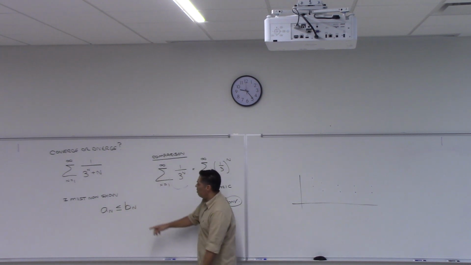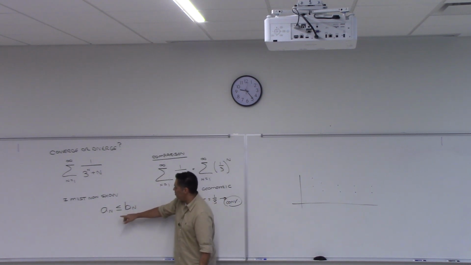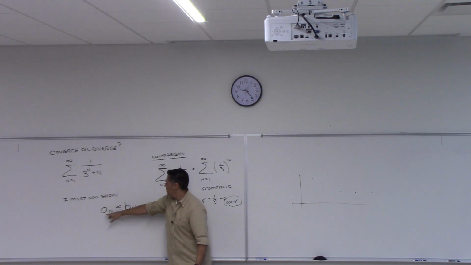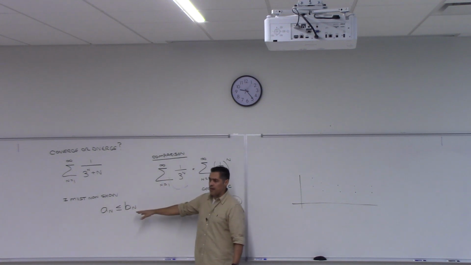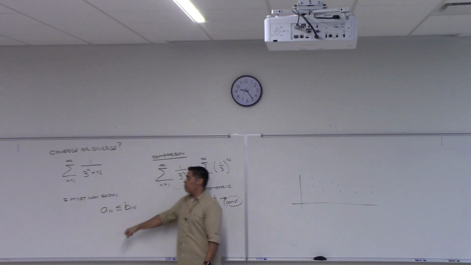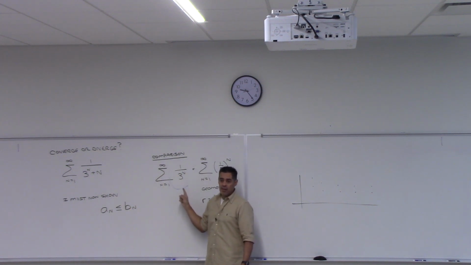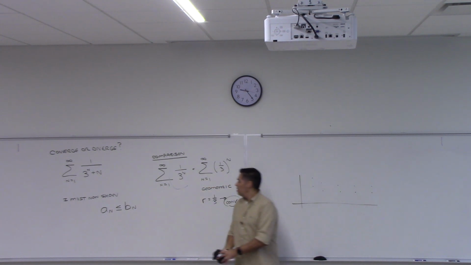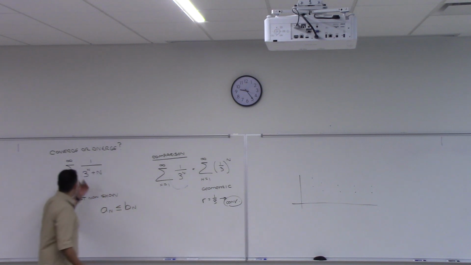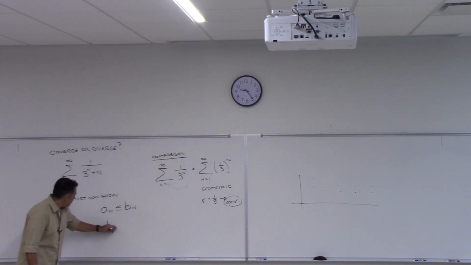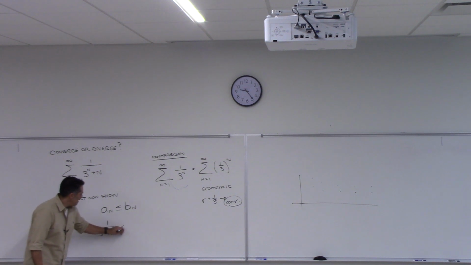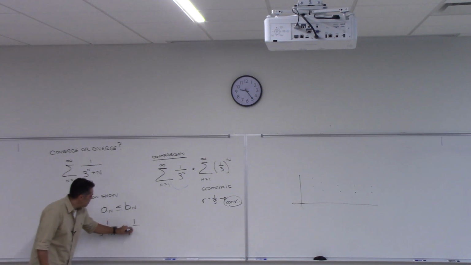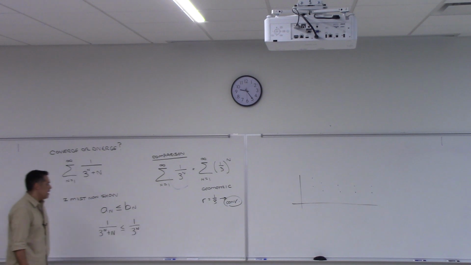I must now show that that sequence is smaller than this sequence, so that if you add those up, it should be smaller than adding up those. And I already know this adds up to be a number. So that must add up to be a number. So I must show this. That means I must show what? I must show that 1 over 3 to the n plus n is less than or equal to 1 over 3 to the n. I need to show that that's true.